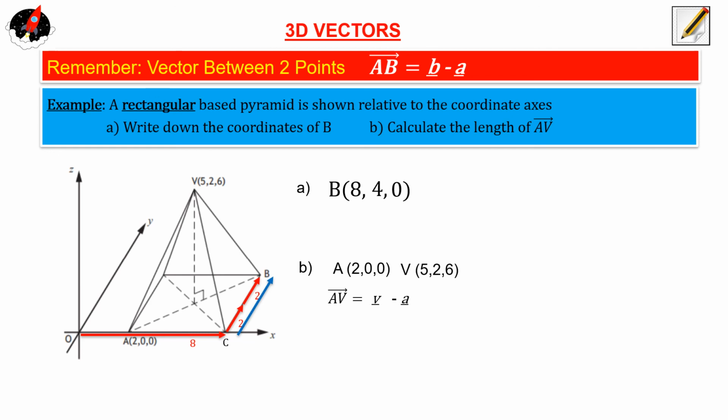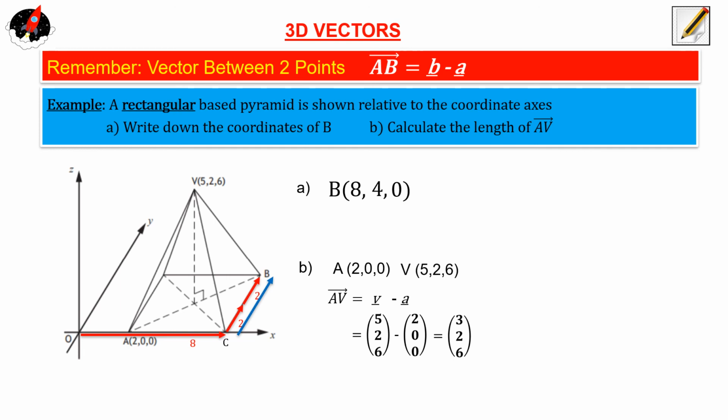So remember, the distance between 2 points, so AV is the second column vector, subtract the first column vector, so it's V minus A. So here that would be 5, 2, 6, subtract 2, 0, 0, and that gives us a column vector of 3, 2, 6. So the column vector for AV is 3, 2, 6.